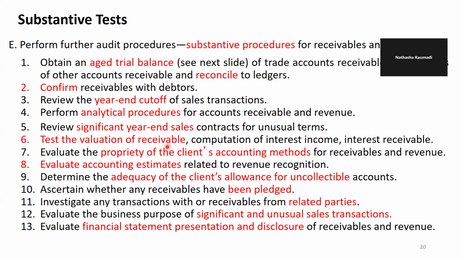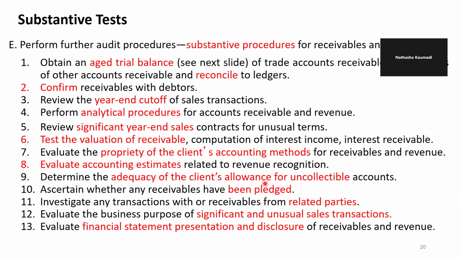Test the valuation of receivables, computation of interest income, interest receivable, and everything. Basically, you can recalculate all these calculations, get the supporting documents, and get the interest rates verified. You get the calculations correct. Evaluate the propriety of the client's accounting method for receivables and revenue, whether the company is following the SLFRS 15 accounting standard and everything. Evaluate accounting estimates.